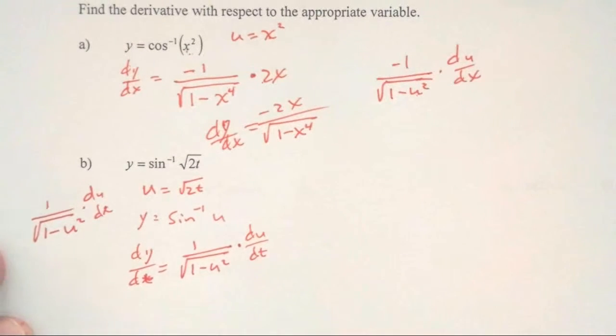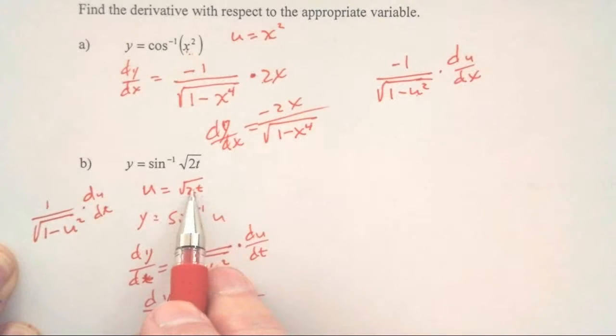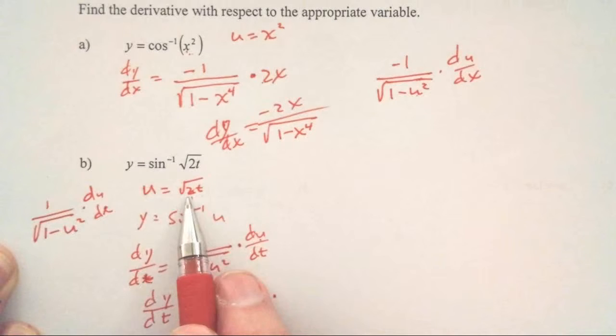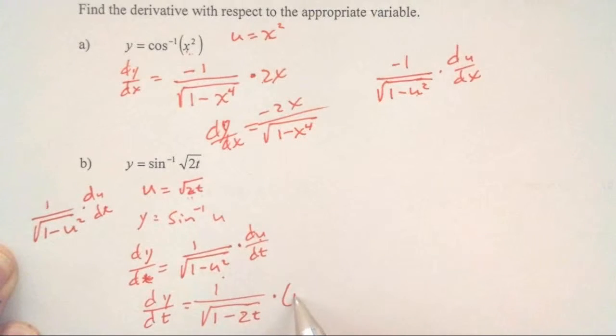Okay. Well, now if I substitute square root of 2t back in there, and this isn't something you have to be married to, but I just wanted to show it to you. I get 1 on square root of 1 minus u squared. If I replace square root of 2t back in here, I get square root of 2t squared, 2t, times the derivative of u, which is the derivative of square root of 2t. I'm just going to write it this way.